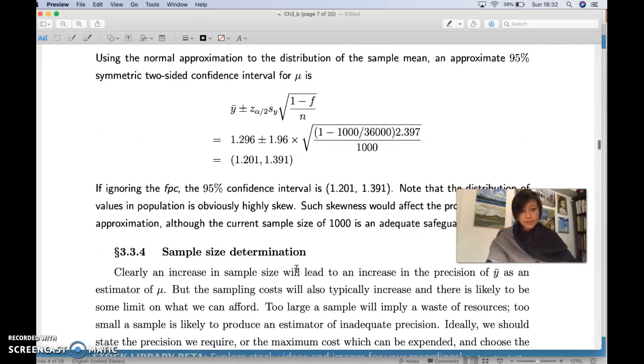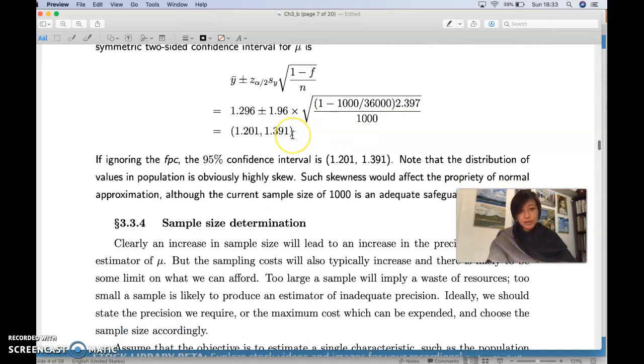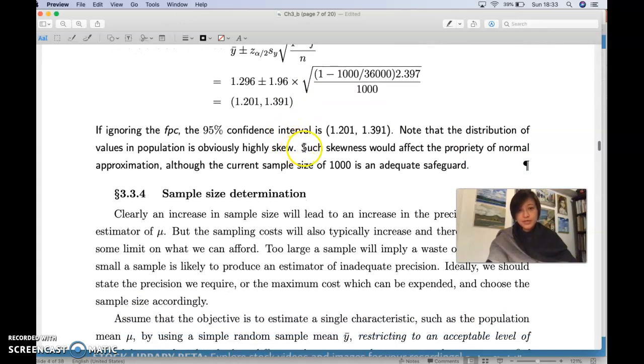If we ignore the finite population correction factor, because the sampling fraction is very small, very close to 0, and our sample size is very small compared to the population size, the factor is quite close to 1. The confidence interval is about 1.201 to 1.391.